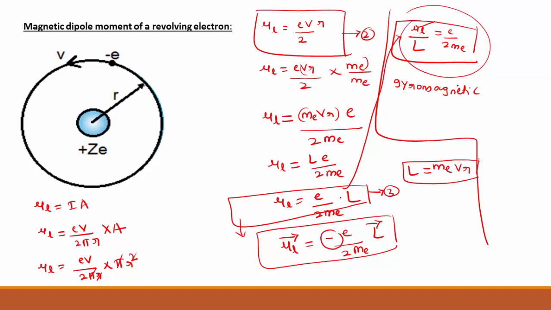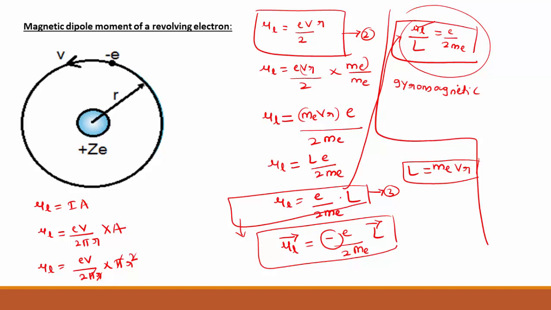The definition of gyromagnetic ratio is the ratio of magnetic moment to the angular momentum.